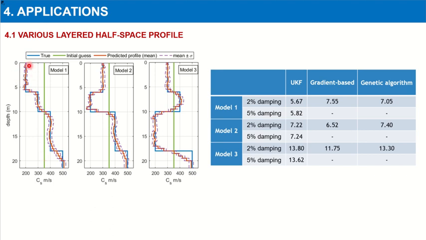Then we can have a very accurate result, and we can also obtain the standard deviation or the distribution of the estimated profile, compared with other methods from gradient based or genetic algorithms. In the previous study, we can see that the UKF algorithm can return acceptable and competitive accuracy.